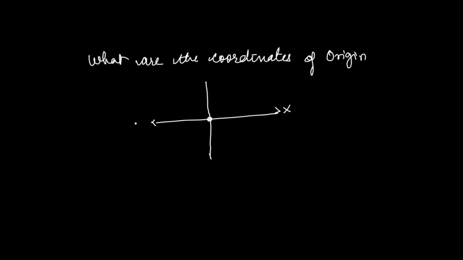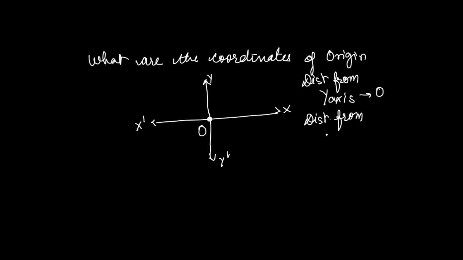So what is the distance of the origin from the y-axis? It's lying on the y-axis itself, correct? So the distance from the y-axis is 0 for this point O, and it also lies on the x-axis, so its distance from the x-axis is also 0. That's why the coordinates of the origin are (0, 0).